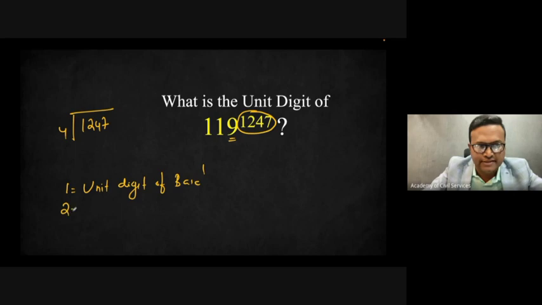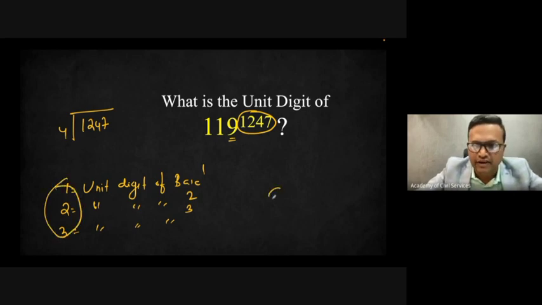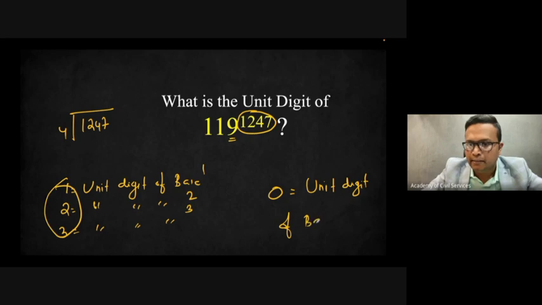If 2 comes as remainder, then also unit digit of the base power to 2. If 3 comes as remainder, unit digit of the base power to 3. Now there is one chance that sometimes 0 will come as remainder. If 0 comes as remainder, then unit digit of base power to 4 has to be done.